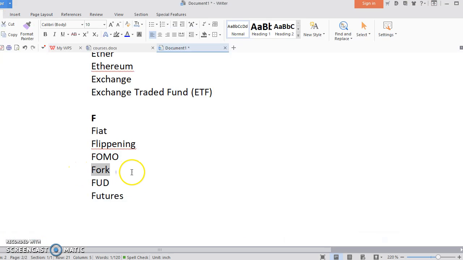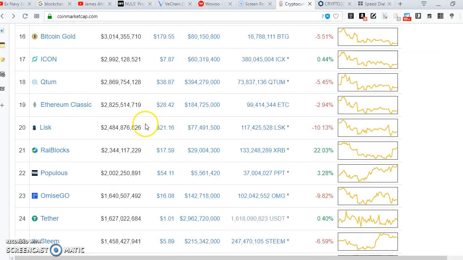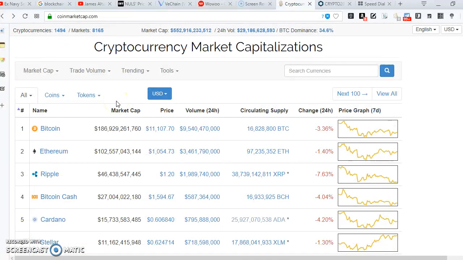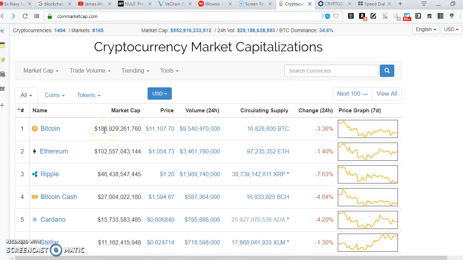And then fork. So fork has to do with a process where a piece of software or a blockchain application or whatsoever, a cryptocurrency, splits into two because certain changes are made without every party agreeing to that change. So you've seen that with Bitcoin and Bitcoin Cash, and other cryptocurrencies like Ethereum and Ethereum Classic.